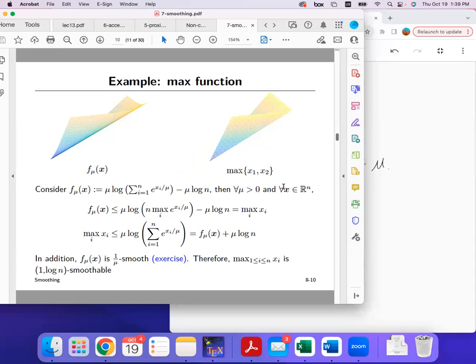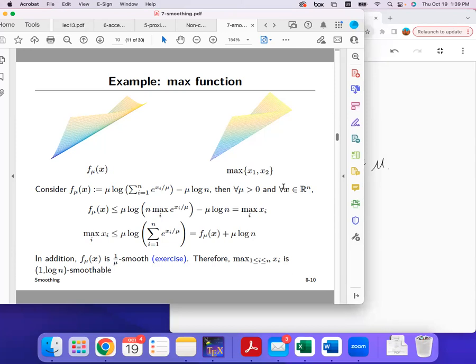So the ultimate question is: is there a systematic way to construct a smooth approximation of a non-smooth function? Given all these examples, we are approximating them in very different ways. So is there a universal way to construct such a smooth approximation? What is the right mathematical operation that we want to introduce for this purpose?